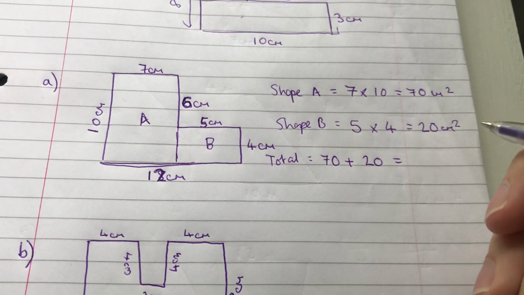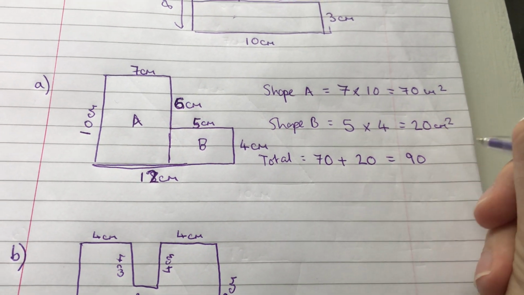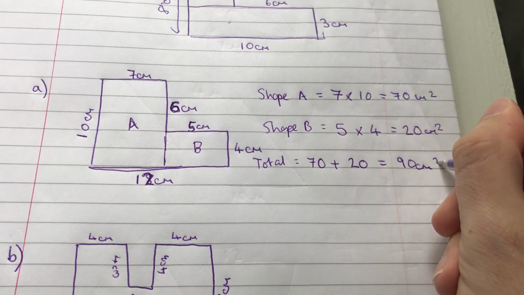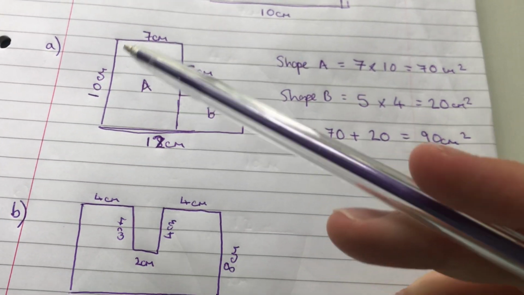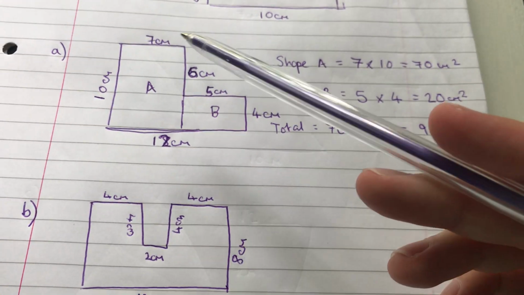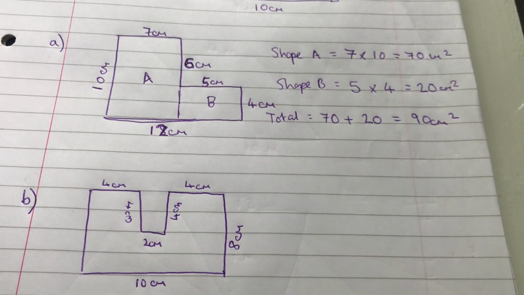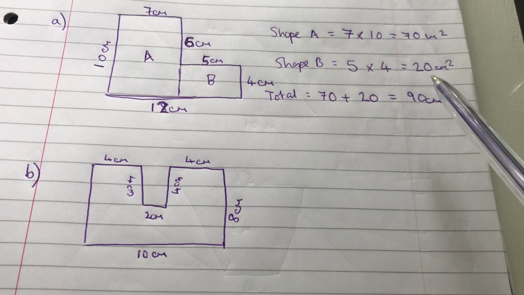So 70 plus 20, that is 90 centimetres squared. That is our answer. As easy as that. You just need to split the compound shapes into different shapes and then find the area.